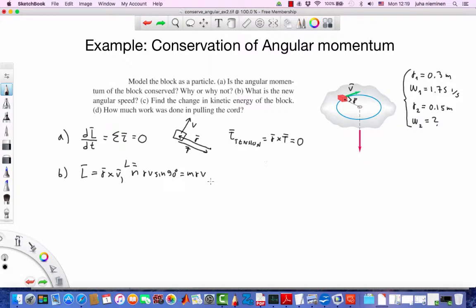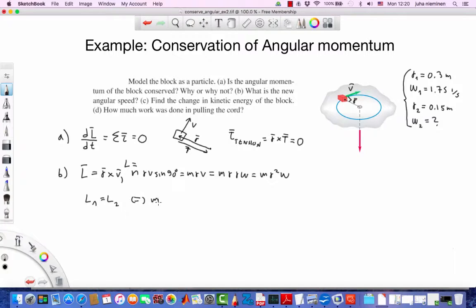Well, let's not stop there. Because we don't know the linear velocity, but we know the angular velocity initially, that's 1.75 radians per second, and the linear velocity is just radius times the angular velocity, so finally we get m r squared times the angular velocity. So angular momentum is conserved, so L1 must be equal to L2.